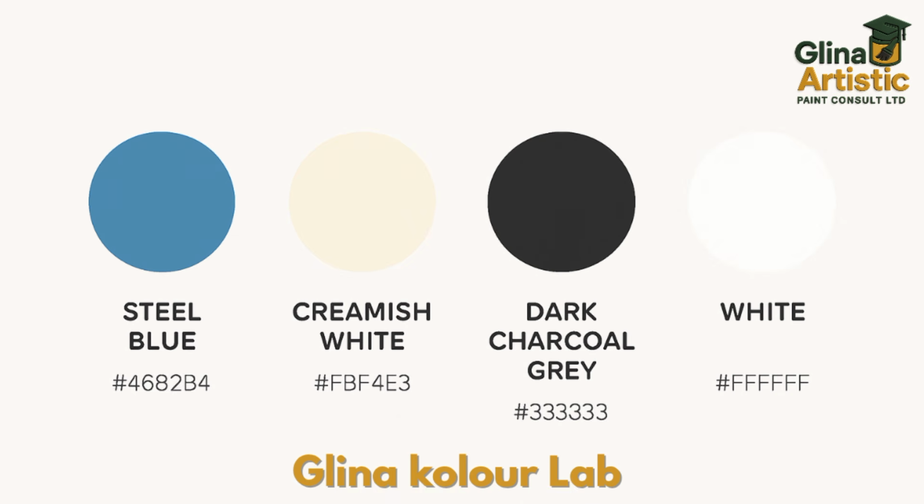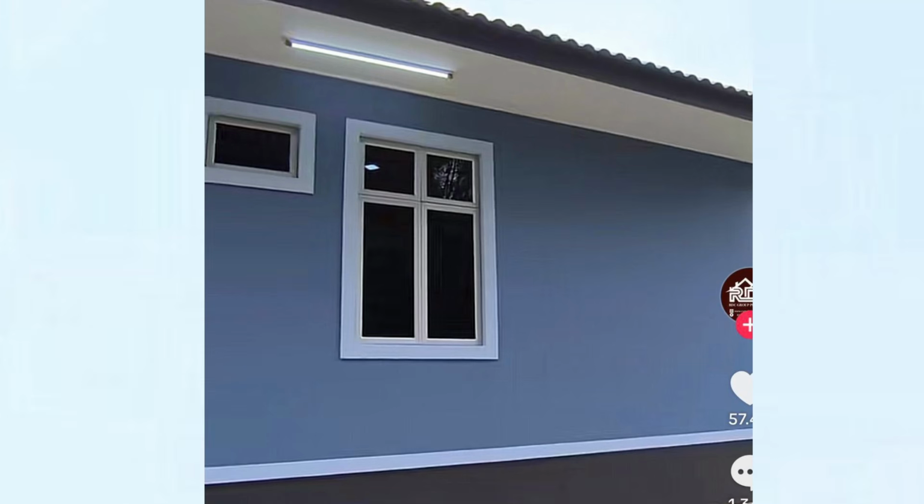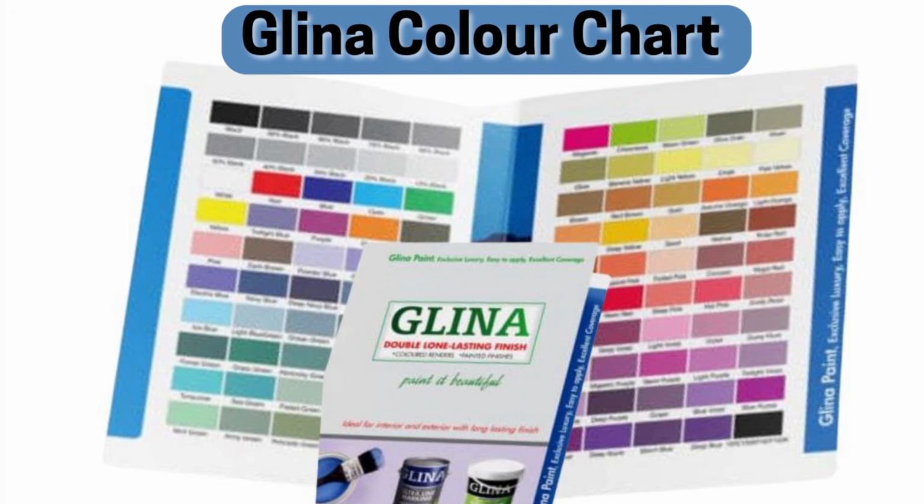You can build your own system too and make your brand stand out on every bucket. So now, how to create your own color code system in a more simple and professional way. So here is the Glina artistic model for building your own color code system.